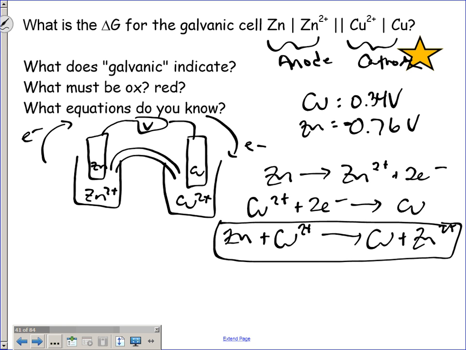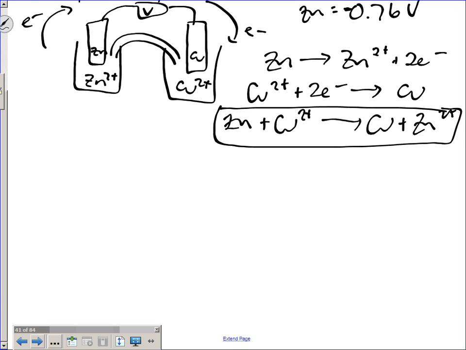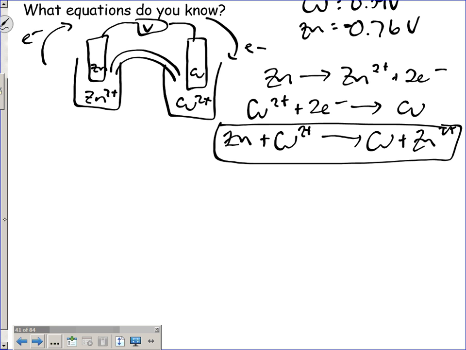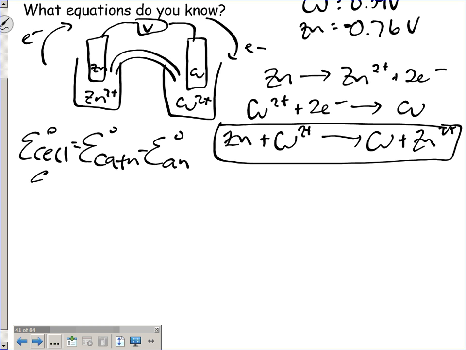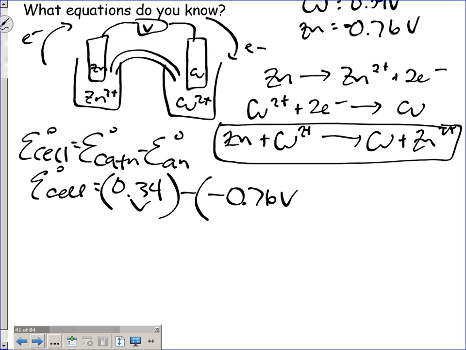Alrighty. When you're doing E cell for galvanic, what's your method of subtraction here? Cathode minus anode, or reduction minus oxidation. This is assuming standard conditions. So E cell is 0.34 minus a negative 0.76 volts.